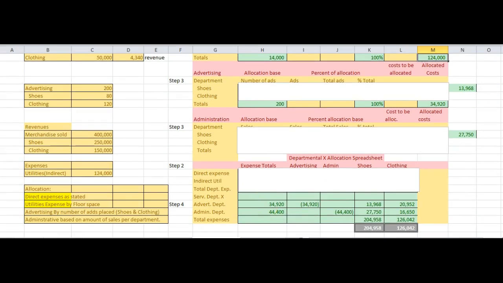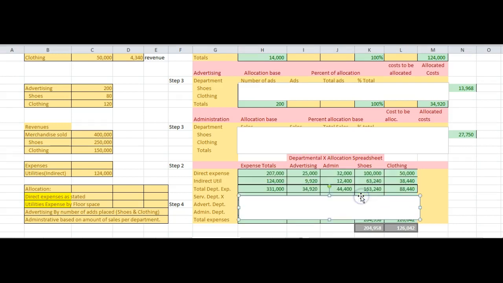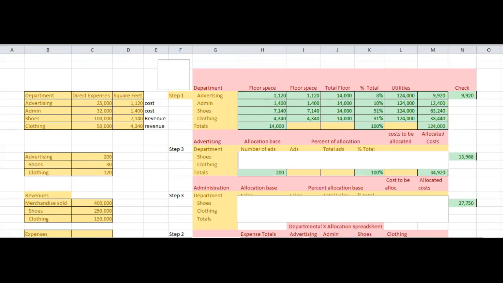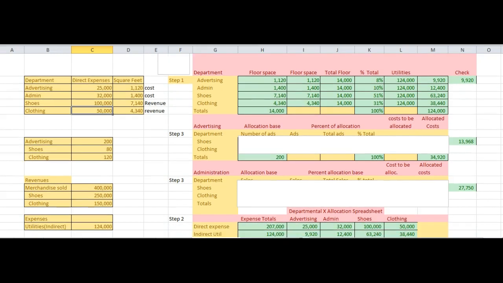So also we need to assign the direct expenses. So what you end up doing here, I'm just going to move this whole thing like that. So first of all, here's our direct expenses, 25, 32, 100,000, and clothing 50,000. Those are direct, okay, that we can directly take to those departments.